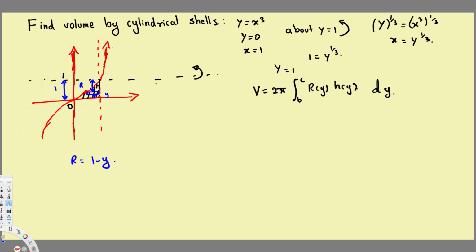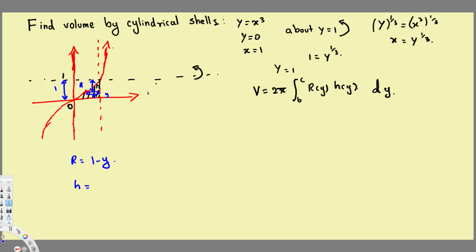So now we have found the radius, and let's see how we can find the height. Height is going to be the outer region minus the inner region, right? That's the definition for height. But here, what is the height? If it's parallel to the y-axis, then we use the top function minus the bottom function.